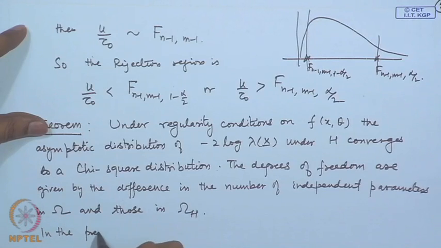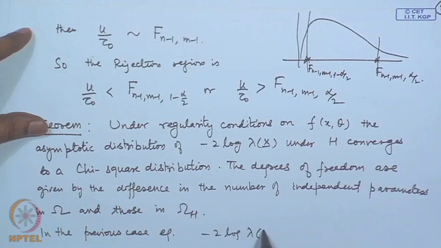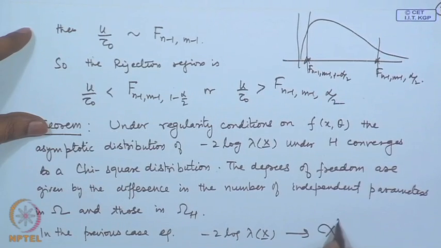Under omega H we had 3 independent parameters, because mu 1 and mu 2 were independent, but sigma 1 squared and sigma 2 squared were related. So, there were 3 independent parameters, and 4 minus 3 becomes 1. So, basically, in the previous case, minus 2 log lambda(x) will be converging to a chi-square 1 distribution.